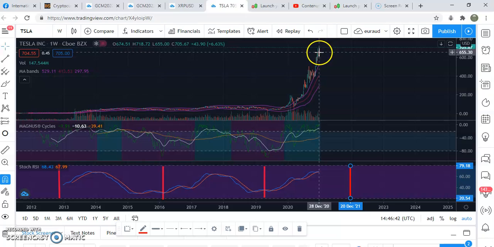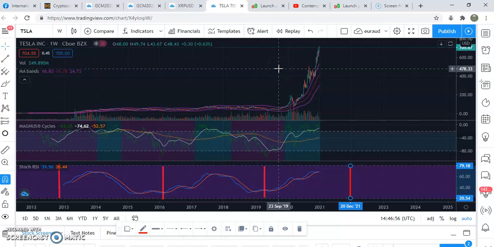So if you are eager to buy Tesla right now, based on what I see, you are going to make a huge mistake, because right now it's the correct time to sell your position in Tesla, unless you are eager to ride the last momentum of the bull cycle.